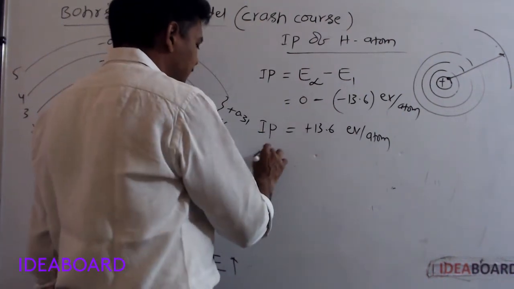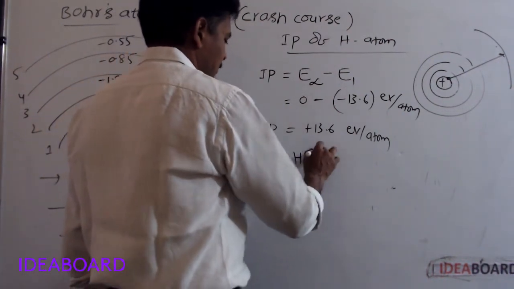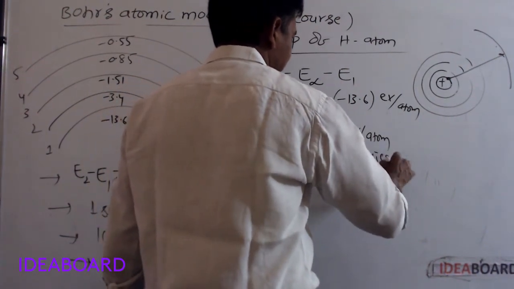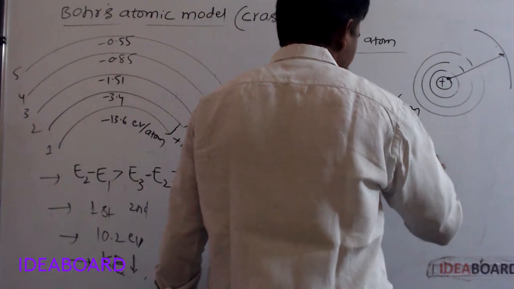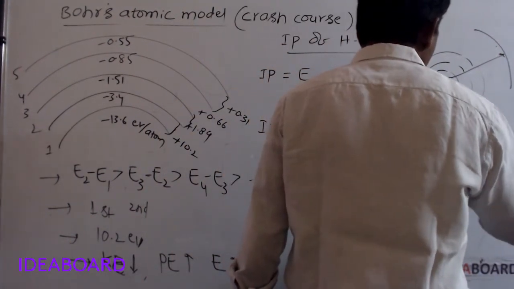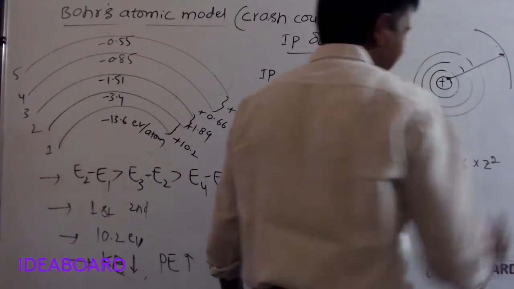For hydrogen-like species, IP is equal to 13.6 into Z square.